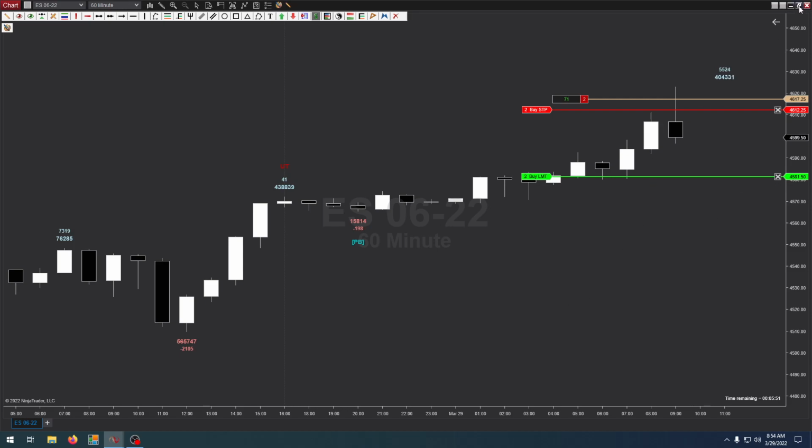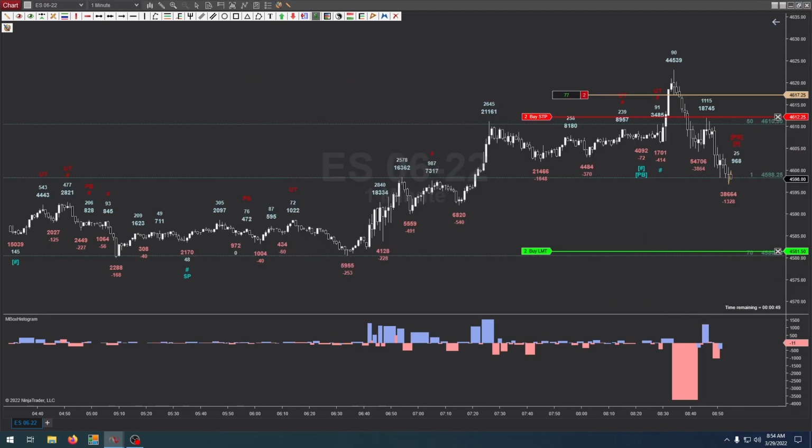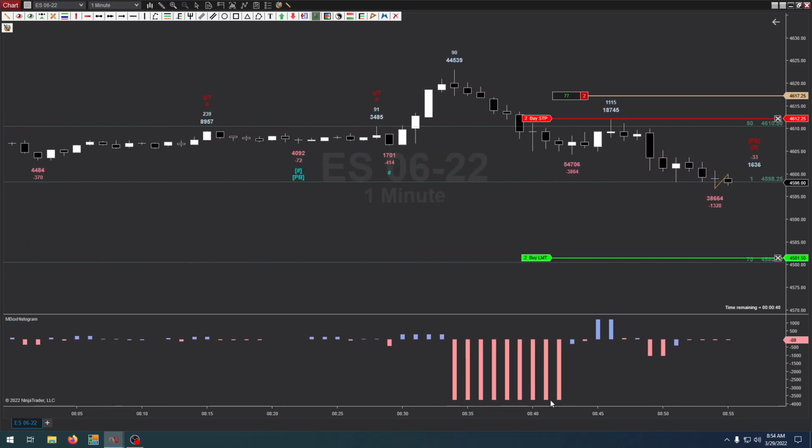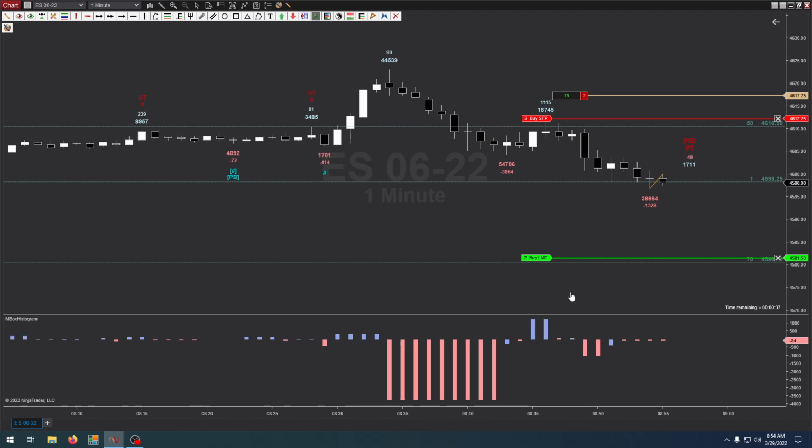That's what I'm looking at. I'm just trying to give it a chance to do what it wants to do. But we are getting a lot less supply here. Trend pullback short, trend stooges short, negative volume delta.